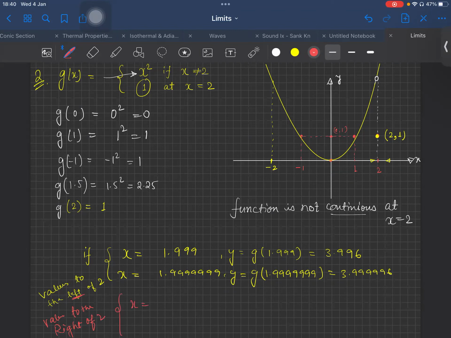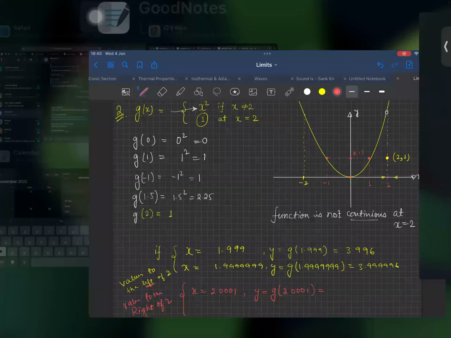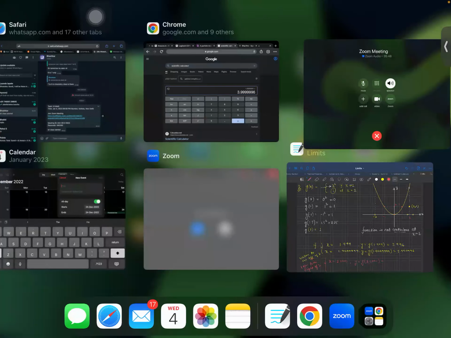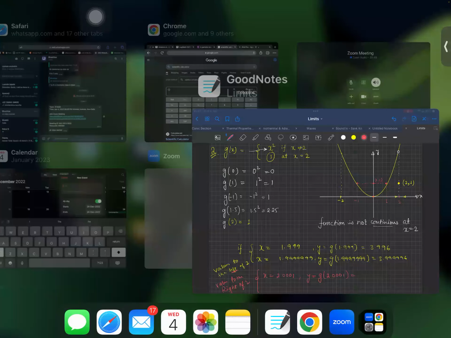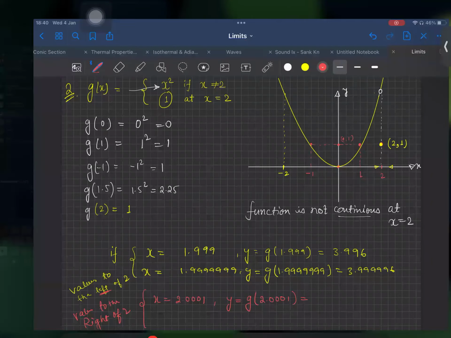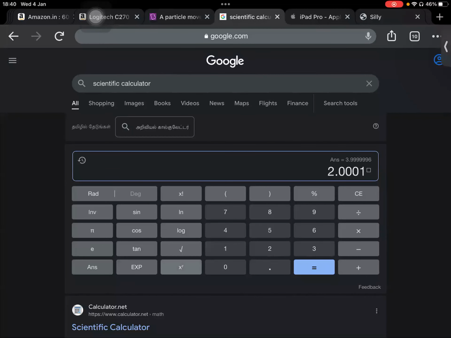So x is equal to, let's say, 2.0001. So y is equal to g at 2.0001. How much will be the value? Let's substitute it here in the calculator. 2.0001 square.